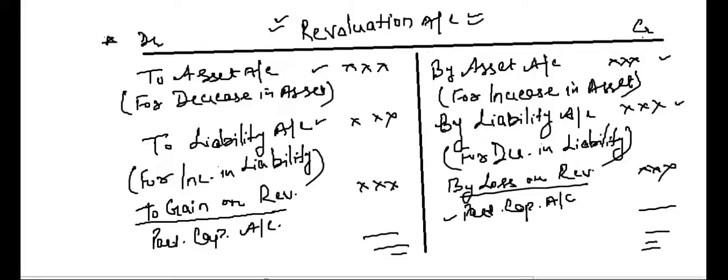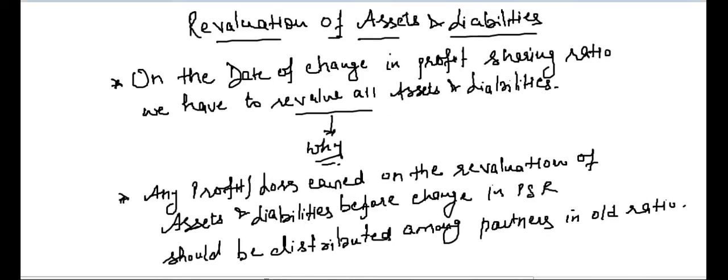Clear? So this is about the revaluation of assets and liabilities: on the date of change in profit sharing ratio we have to revalue all the assets and liabilities. The question is why.